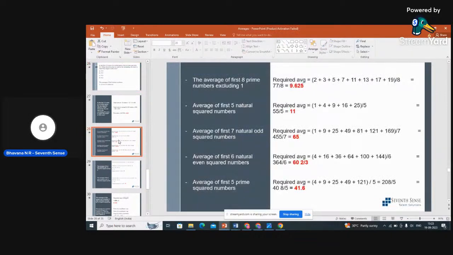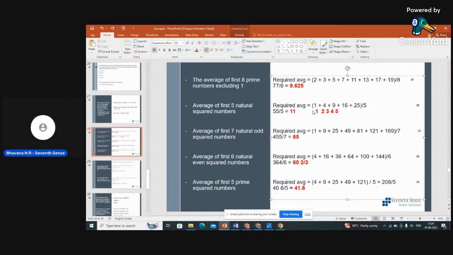Okay. Next. The average of the first five natural squared numbers. What are all the numbers we are using for this? 1, 2, 3, 4 and 5.